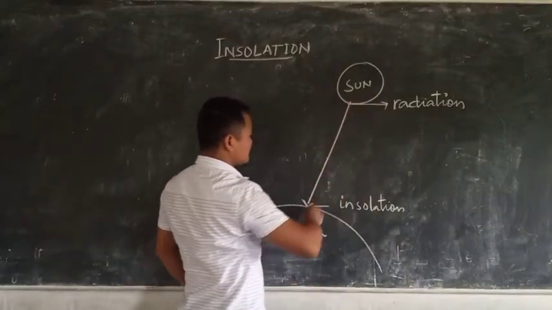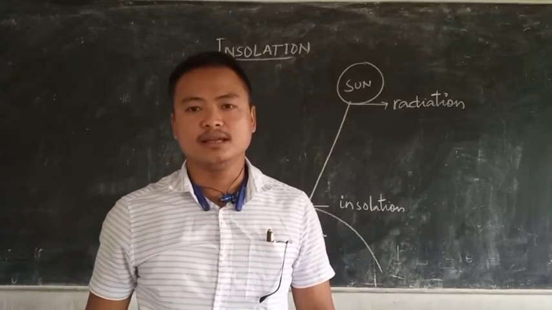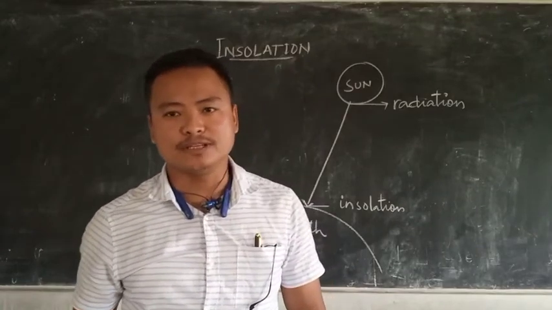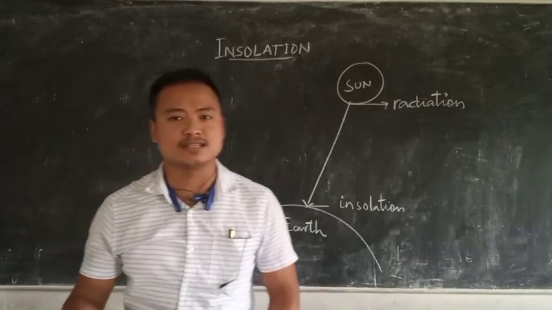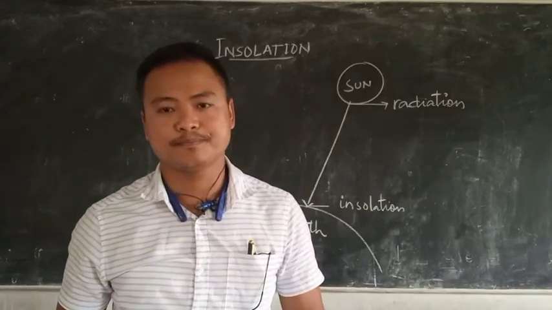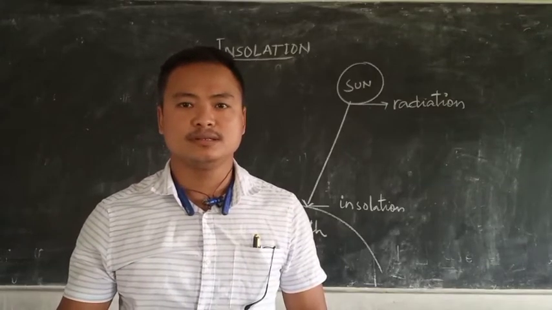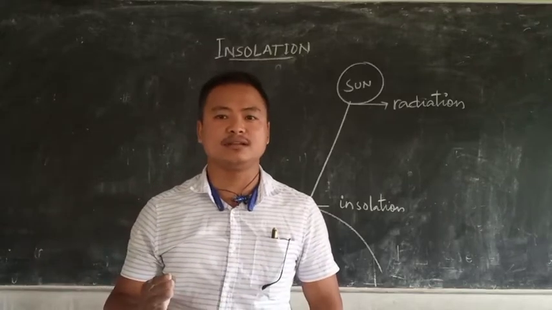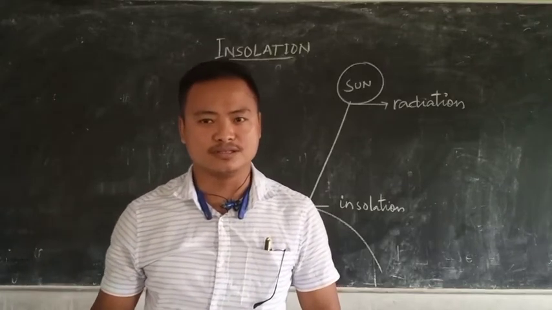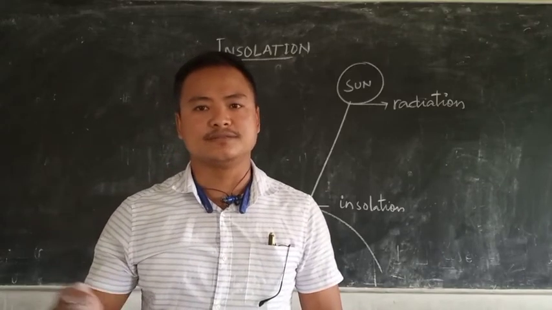While this heat energy is being emitted from the Sun, the entire part of the Earth does not receive the same amount of heat. It is because of the position of the Sun with respect to the latitudinal lines on the Earth's surface. The heat received is different.